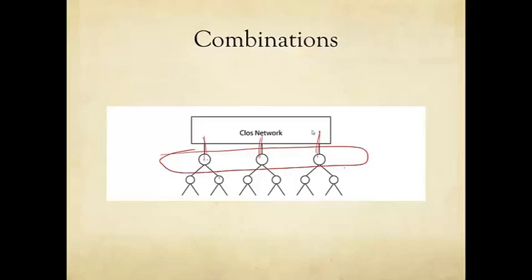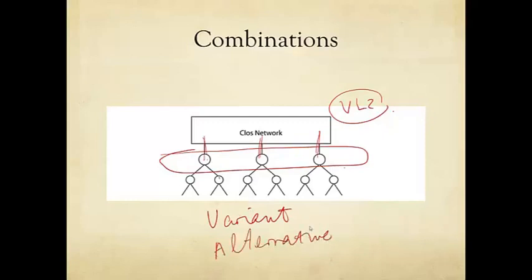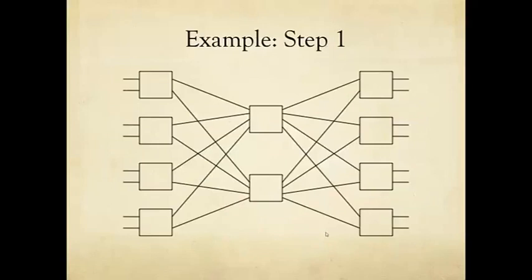This is one of the commonly used architectures in the cloud called Virtual Layer 2, VL2, recently developed. And there are many other variants and alternatives. Clos network is not the only kind of topology you can have for interconnection networks. In the advanced material part, we will say a few more words about those.